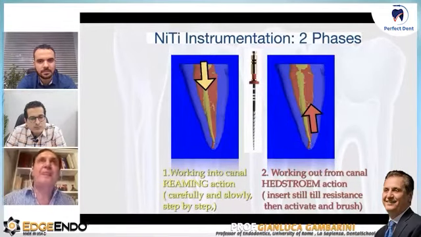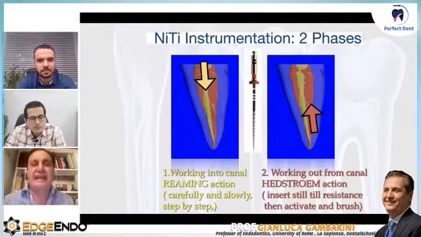But when you are at your working length, you can also start to use this instrument as a hand file, so by doing filing, circumferential filing, brushing, filing only on one surface.